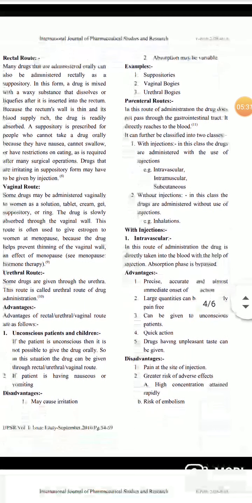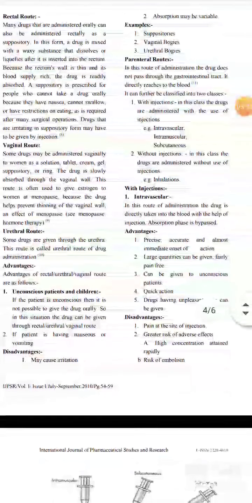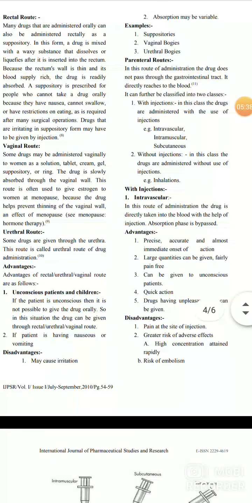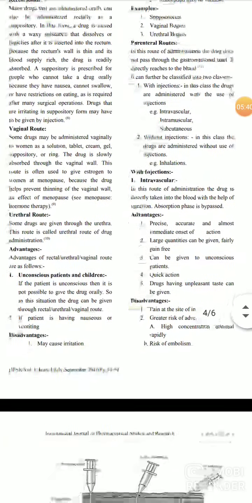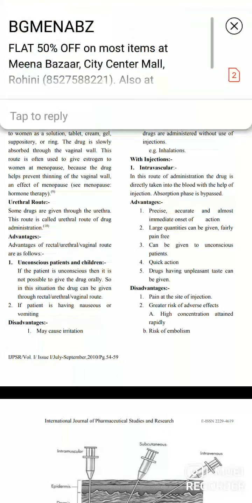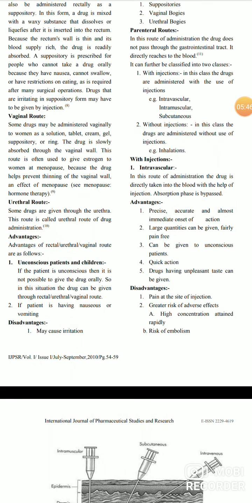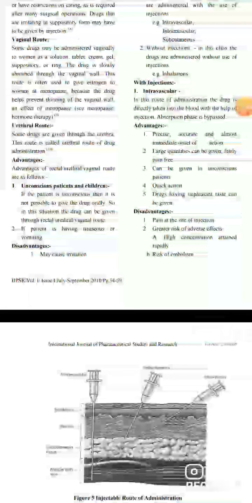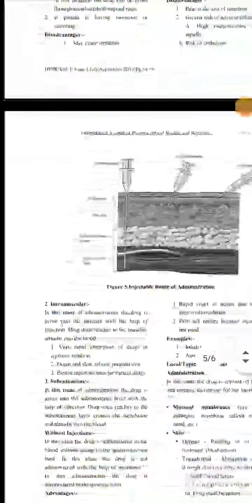With injection, the IV route takes the drug directly into the blood with the help of an injection, and the absorption phase is bypassed. So a precise, accurate, and almost immediate onset of action takes place. The disadvantages are pain at the site of injection and a great risk of adverse effects.